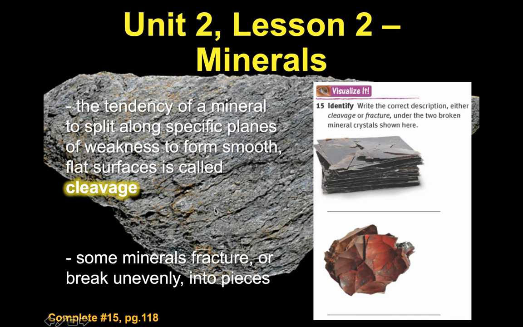The opposite of that is called fracture, and that one breaks into uneven pieces. So let's look over here, cleavage or fracture in each one. This one, smooth, flat sheets, would be cleavage. All uneven would be fracture.